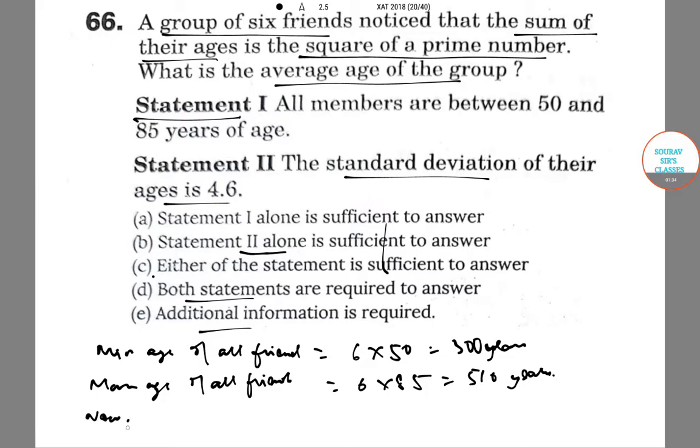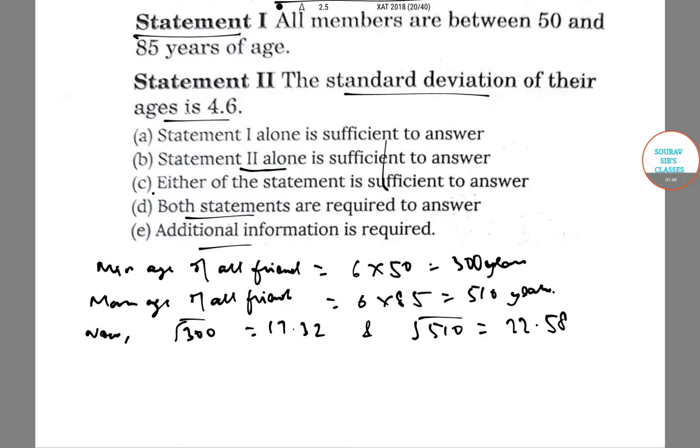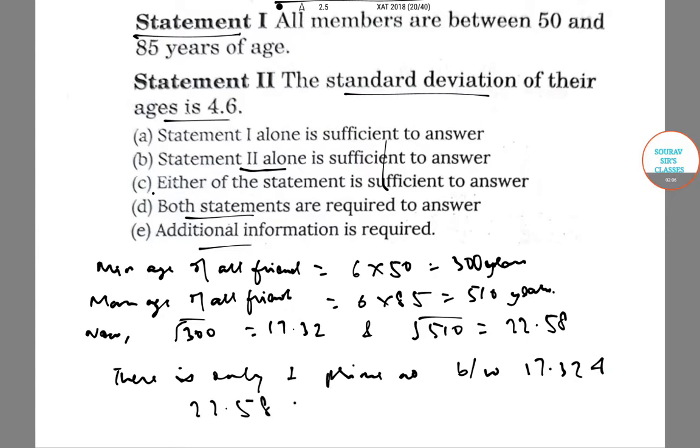Now, root 300 is equal to 17.32 and root 510 is equal to 22.58. Therefore, there is only one prime number between 17.32 and 22.58, that is 19.